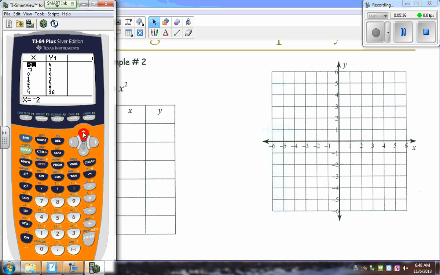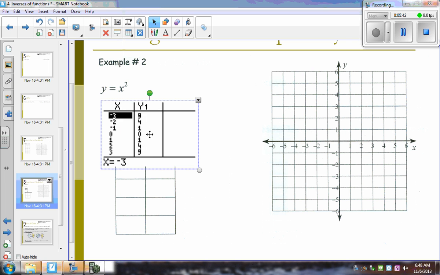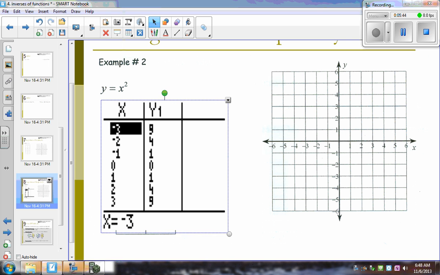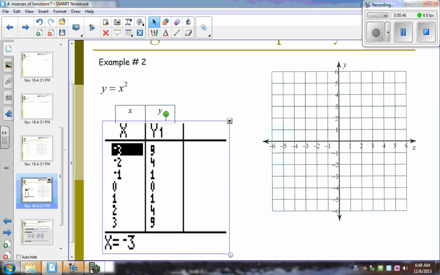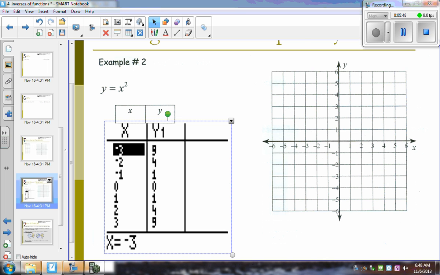So as we've done in class before, looking for our nice pattern, we're going to take that table and simply recopy it to utilize for the graph.